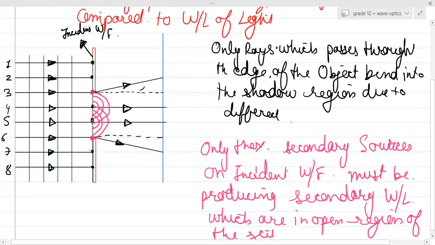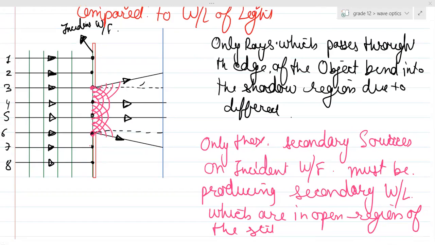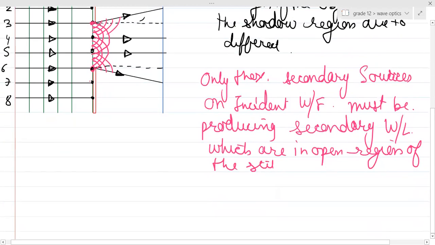But those which are at the corners, can you see the ones at the corner, they will only be producing this much wavelet, right? They will be only producing this much wavelets, right? So can you see the wavelets produced by the ones at the edges, they are having a little bit less intensity because they are not producing wavelets in all possible directions, right?